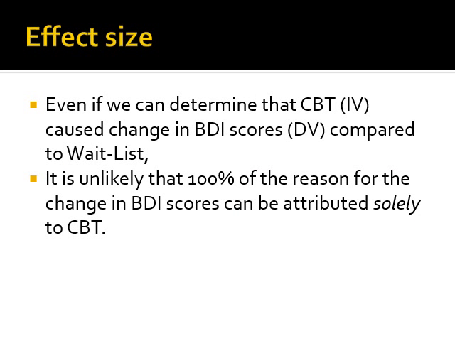Even if we can determine that CBT caused change in Beck Depression Inventory scores compared to a waitlist, and determine that that change was less than 5% likely to happen by chance alone, it is unlikely that 100% of the reason for the change in those scores can be attributed solely to CBT. Therefore, we need to know, well, what percentage of that change is likely to happen just by CBT versus waitlist versus other factors.